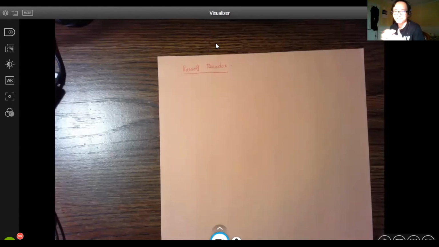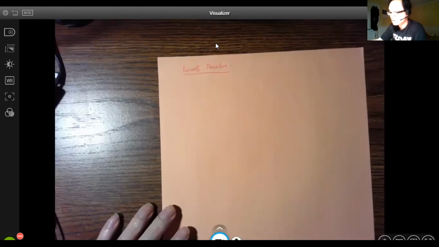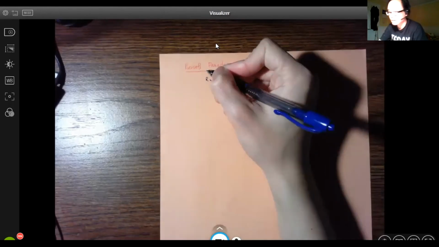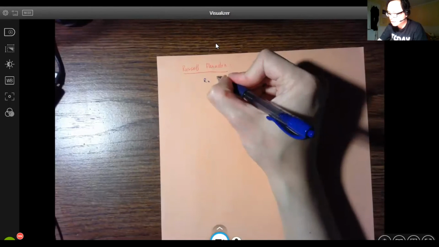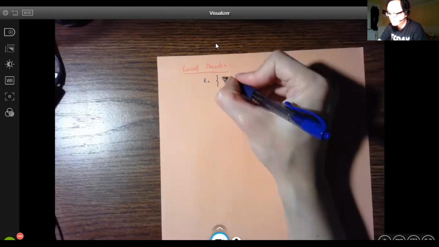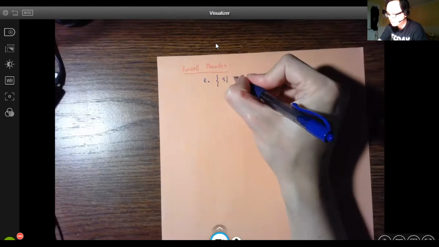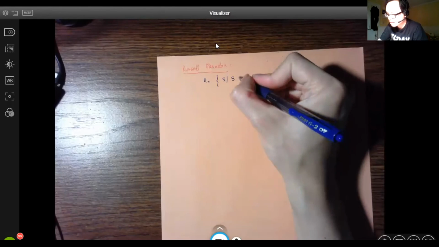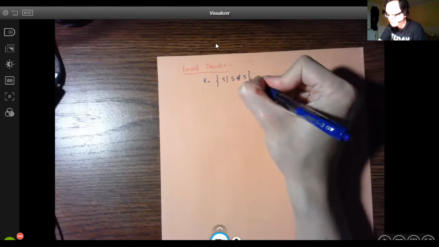And Russell's paradox is totally different. It's just math, but I want to bring it up because it's worth contemplating. The paradox says: if R represents the Russell set, R is the set that contains all the sets that do not contain themselves.